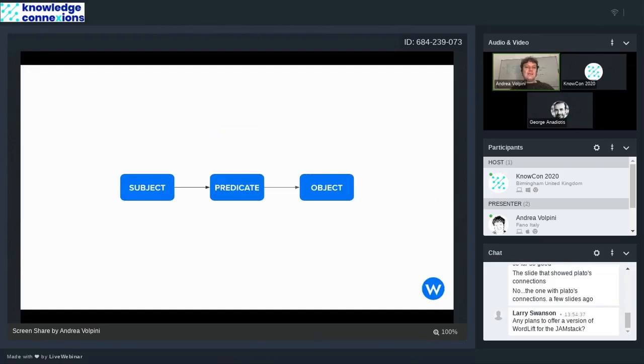The simplest form of the knowledge graph that WordLift creates is the one that we are dealing with today. So the subject, the predicate, and the object: it's always an article that contains a reference to a concept. Okay, so that's the structure of the knowledge graph that we have created with the content written by George.